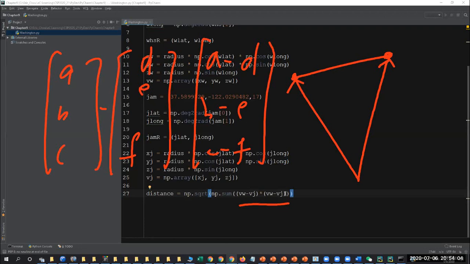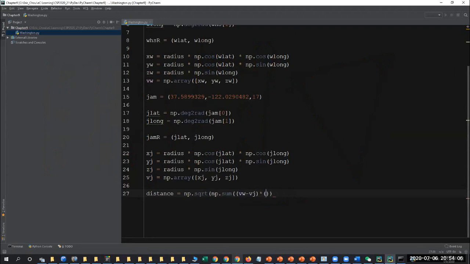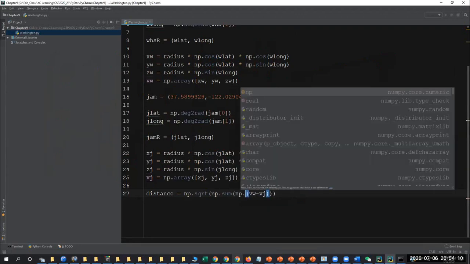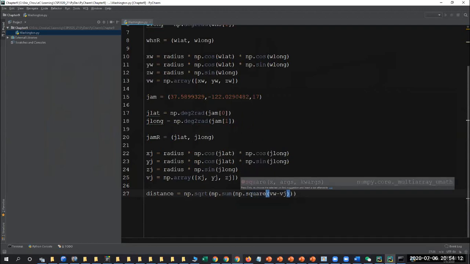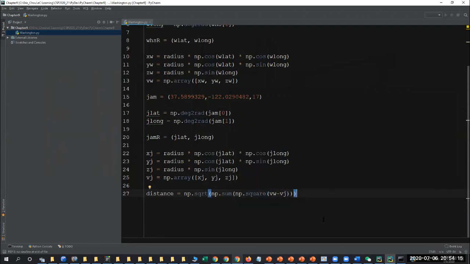So actually I can do it over here with numpy square. That would be each element's square, taking the sum of all of them, and then taking the square root of that scalar data.